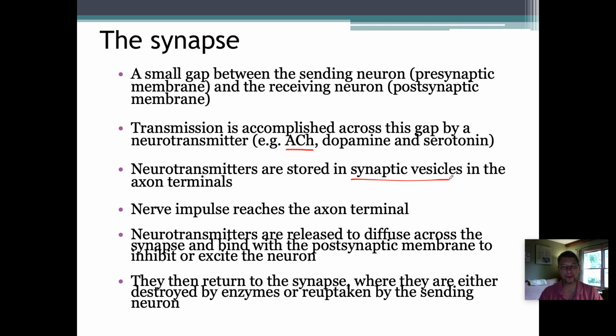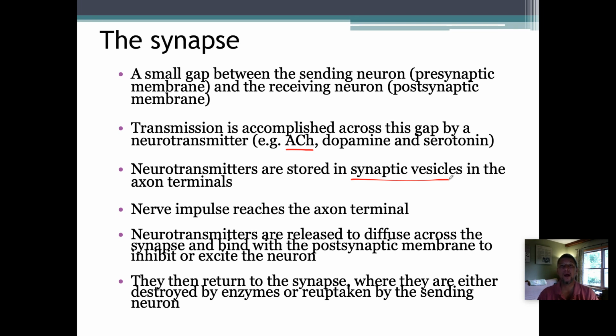And essentially what happens is that when a nerve impulse reaches the axon terminal, a chemical change occurs in the plasma membrane, the cell membrane of the presynaptic nerve cell, and the neurotransmitters are released. And they diffuse across the gap, and then they reach the postsynaptic neuron, and then they either generate a signal by being excitatory, or they stop the signal by being inhibitory.